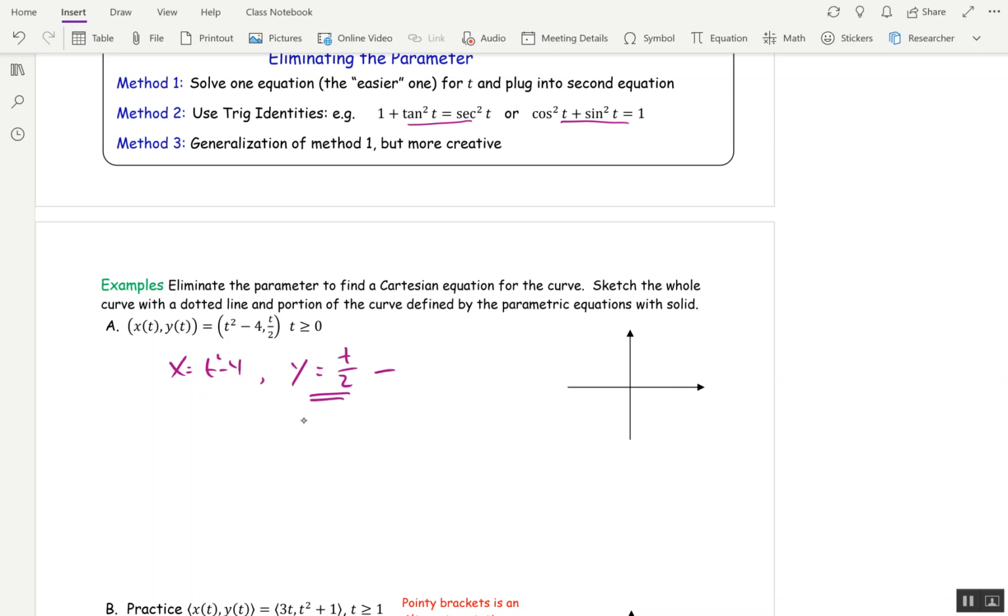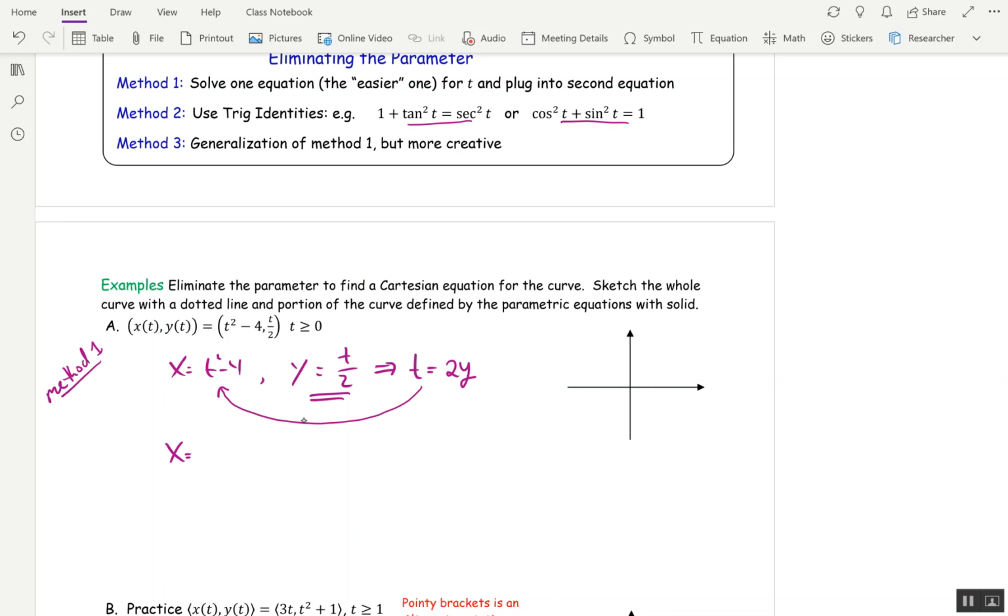So this one tells me that t is 2y. Okay, so I've solved one equation. By the way, this is method 1 above. I solved one equation for t, and then I'm supposed to plug it in to the other equation.